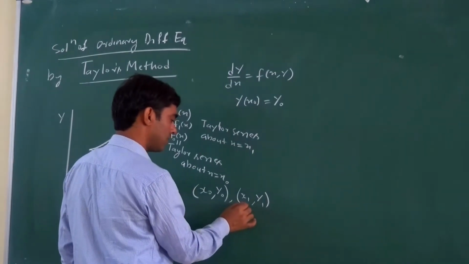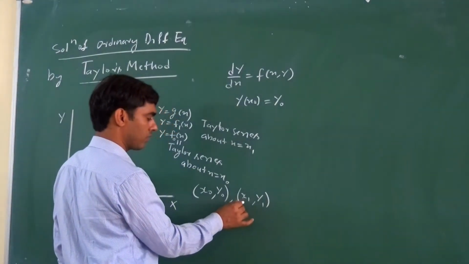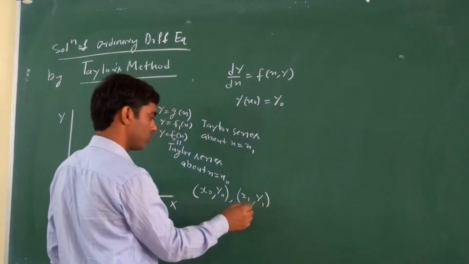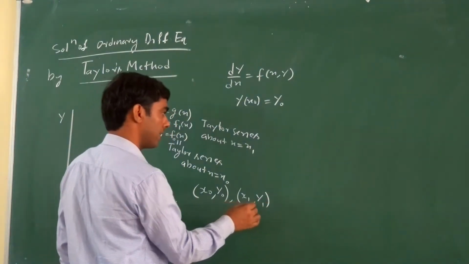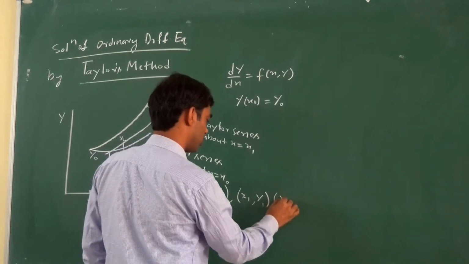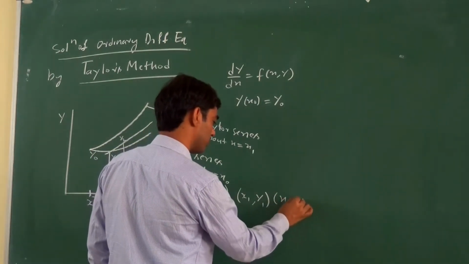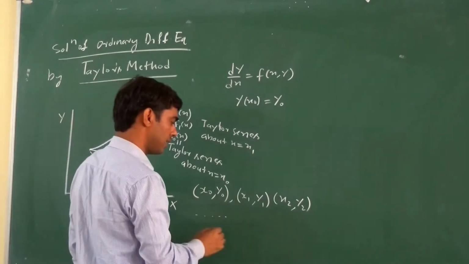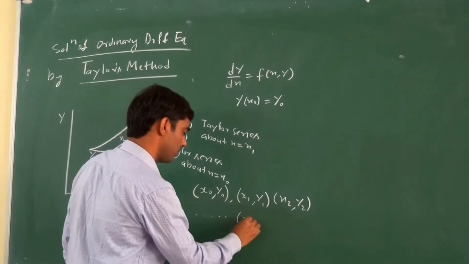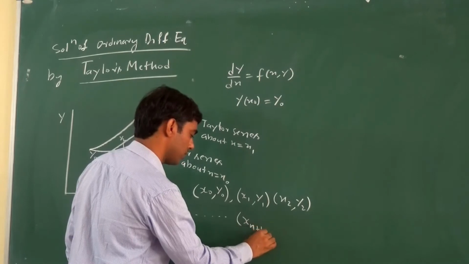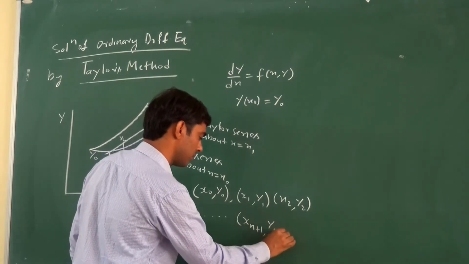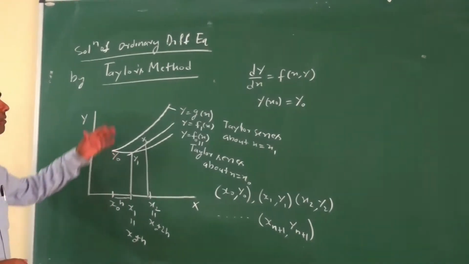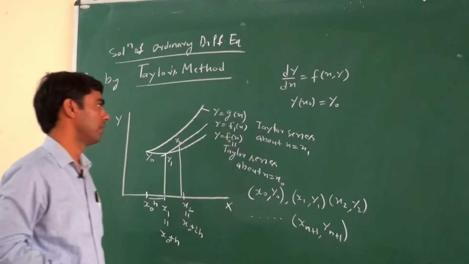Then again we find a Taylor series expansion about x = x1, then putting x = x2, we find the next value x2, y2. In a similar manner, the last value is xn+1, yn+1. This is the geometrical interpretation of Taylor's method.